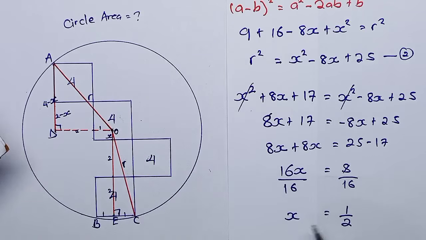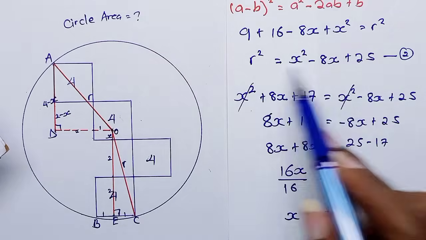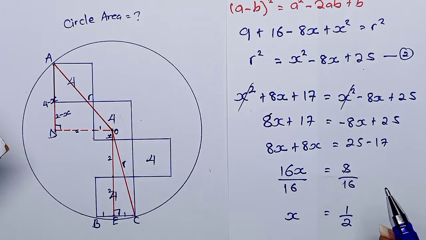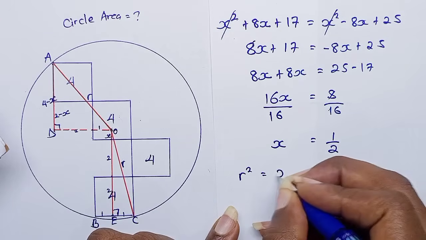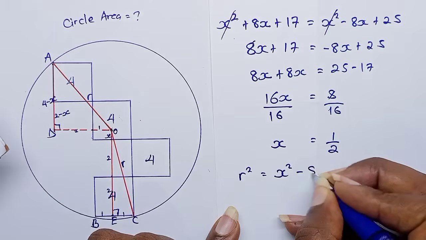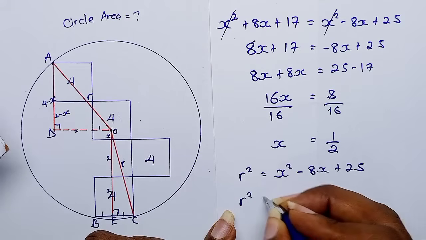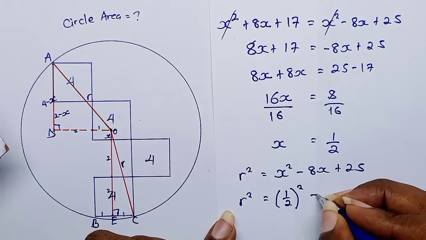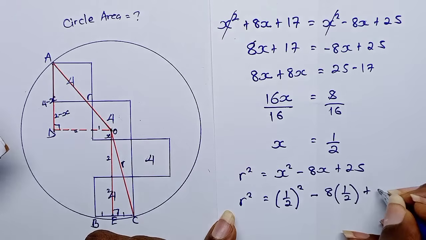Now our next step is we're going to substitute for x in equation 2, which is this one here. Where there is x, we're going to put a half. So in equation 2, r squared is equal to x squared minus 8x plus 25. Therefore, r squared will be equal to a half squared minus 8 into a half plus 25.